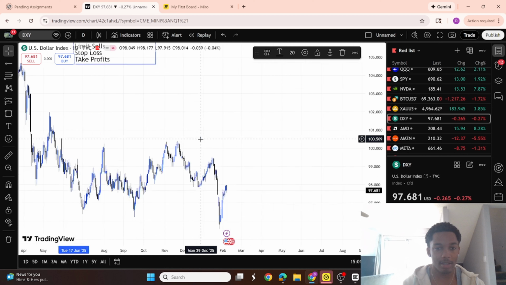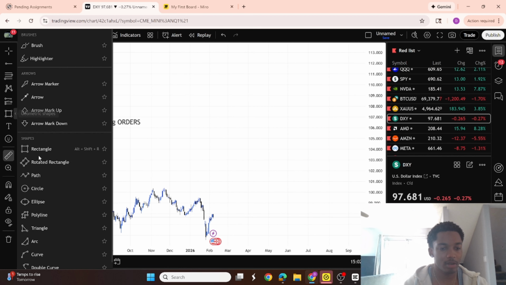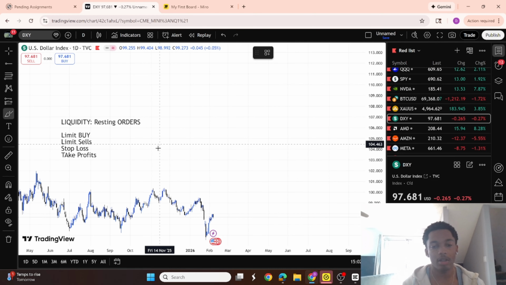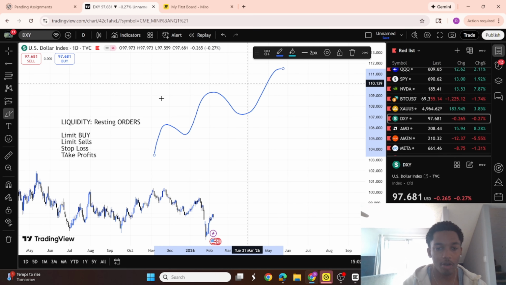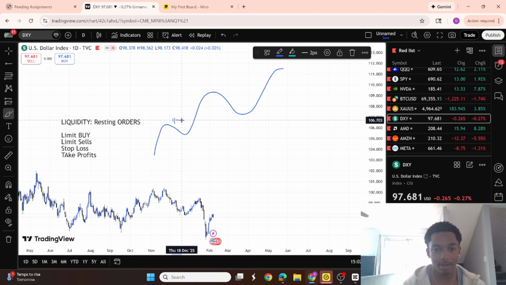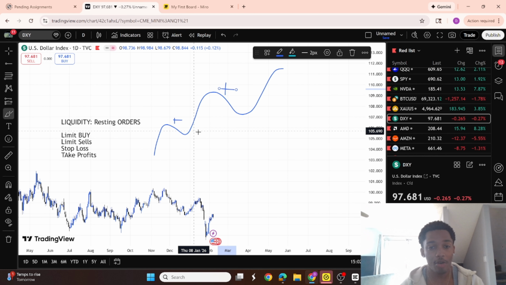Now, let's get into this. Usually in an uptrend, we'll see something like this. Above highs, you have buy orders. You have limit buy orders, and you have people taking profits. So you have people buying into the market because they see this high is going to get pushed above, so they go ahead and buy.